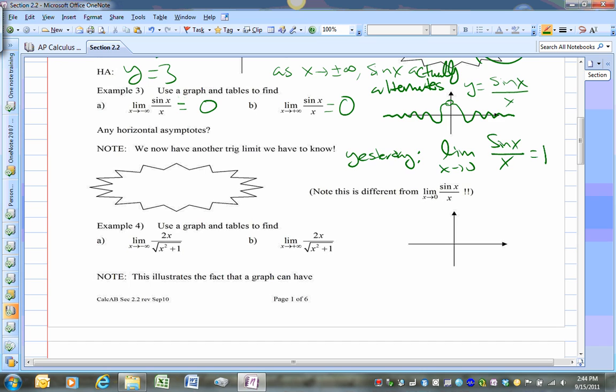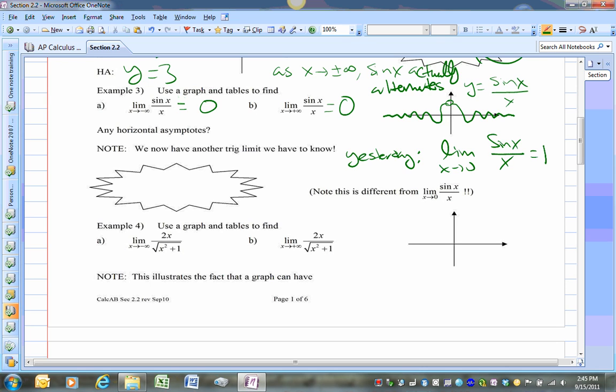What do you think I mean by sine x actually alternating? When x gets really big, for example, if you do the sine of 2 pi, you know that's what? What's sine of 2 pi? Okay, what's sine of 3 pi? 0 again. But in between, it jumps between 1 and negative 1, right?